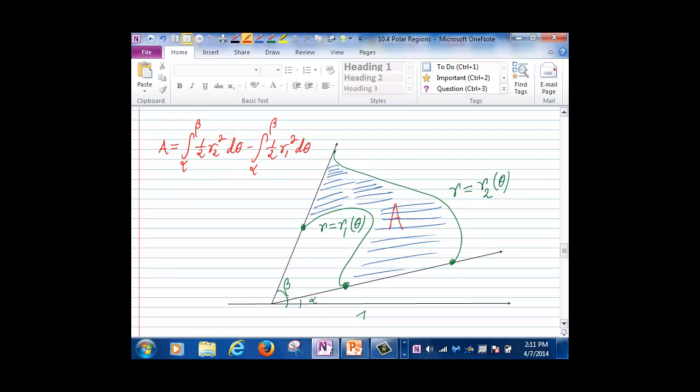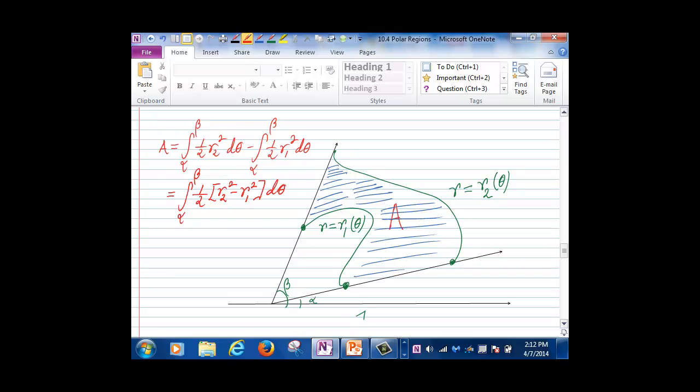Now we can combine the two integrals as half R2 squared minus R1 squared d theta. So basically, before the formula was half of radius squared, now the formula is half of outer radius squared minus the inner radius squared.